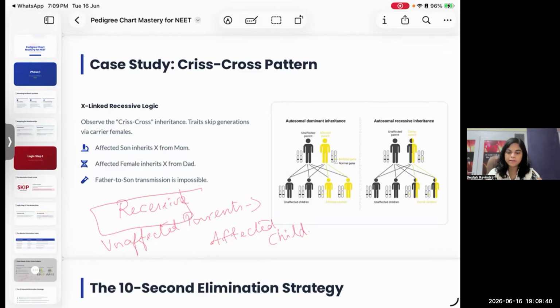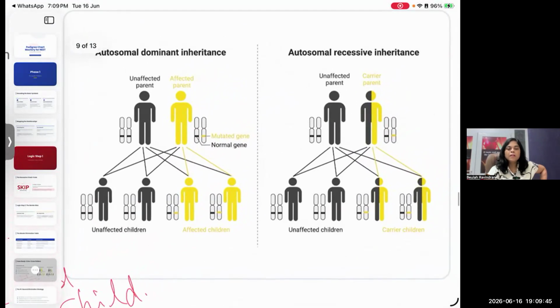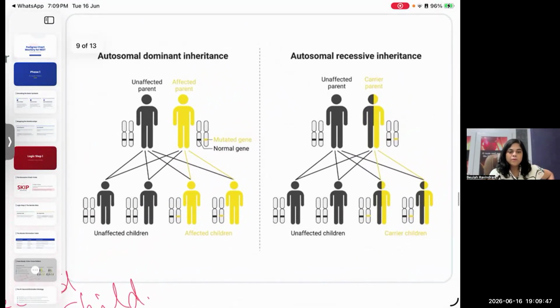So this is the crisscross pattern. Listen. Here is an unaffected parent and an affected parent. This one is the mutated gene and the normal gene, like that it is represented. It goes directly to affected children, and it also produces unaffected children.